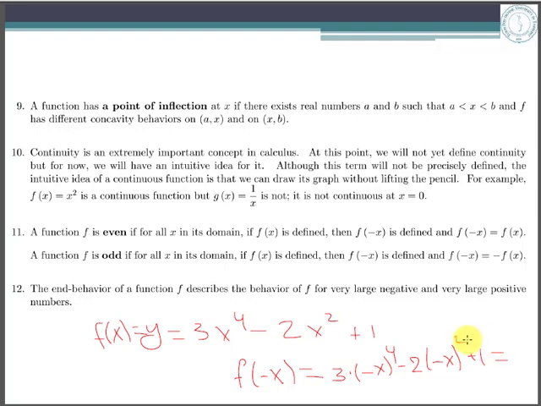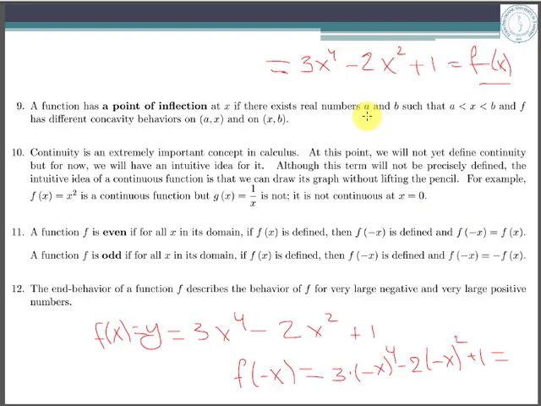So this is equal to the given function f(x). So we showed that f(-x) equals f(x). Hence this function is an even function.